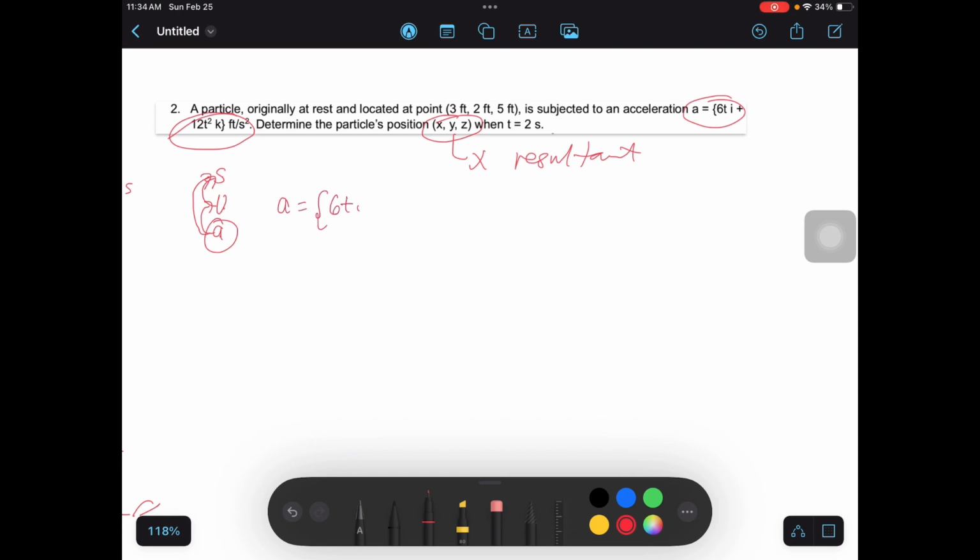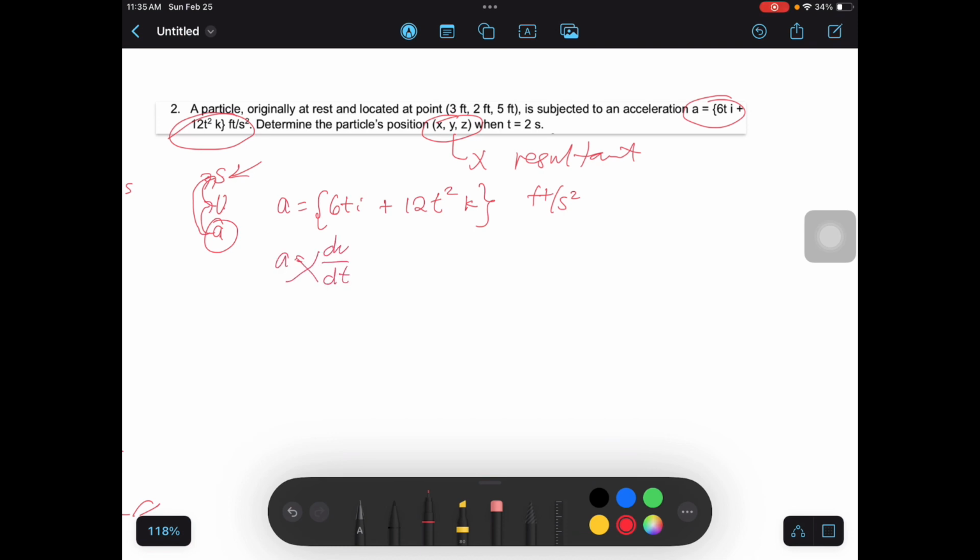So let's get our function. Acceleration 60 i plus 12 t squared k. So unit niya ay feet per second squared. So integrate na natin siya. So twice natin siyang i-integrate para makapunta tayo sa displacement. So, paano mag-integrate?